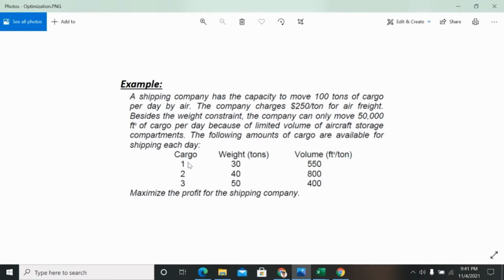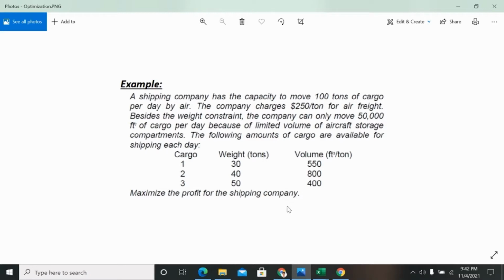In cargo 1, the maximum weight that can be shipped is 30 tons, and the volume it occupies is 550. The second cargo is 40 tons and its volume is 800, and cargo 3 is 50 tons and its volume is 400.